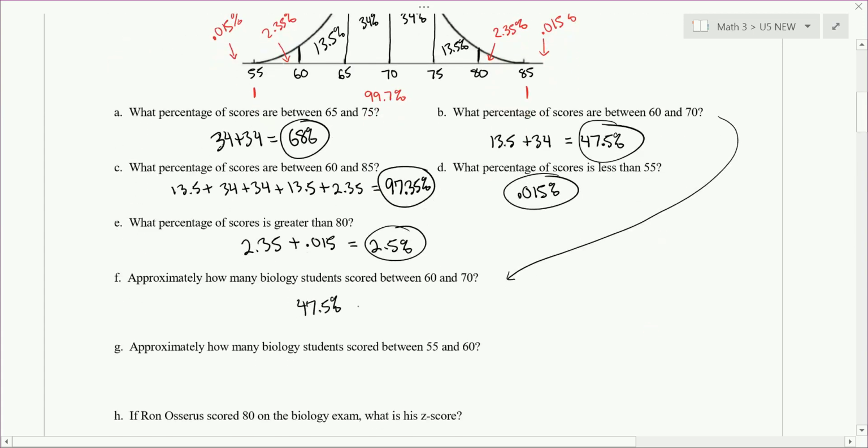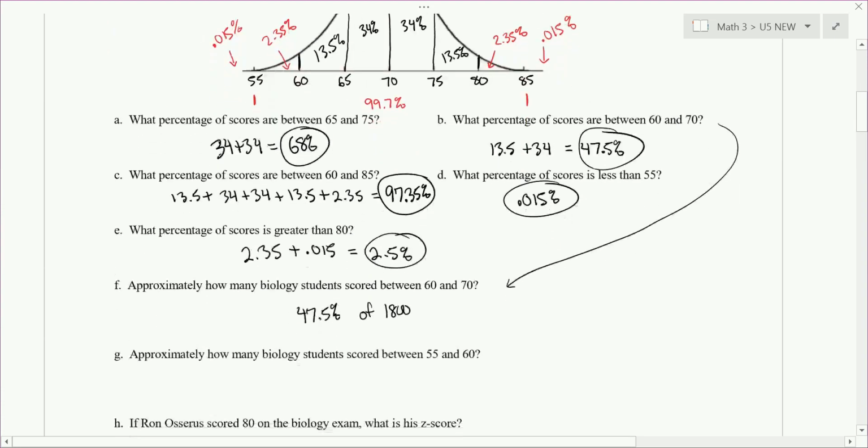So we need to find 47.5% of 1,800 students. To do that, we're going to change our percent to a decimal, so that's 0.475 times 1,800, which is 855.